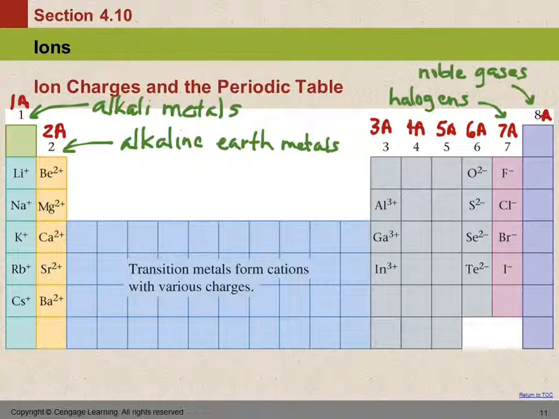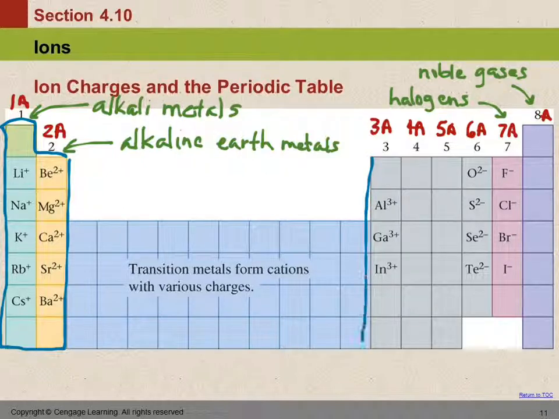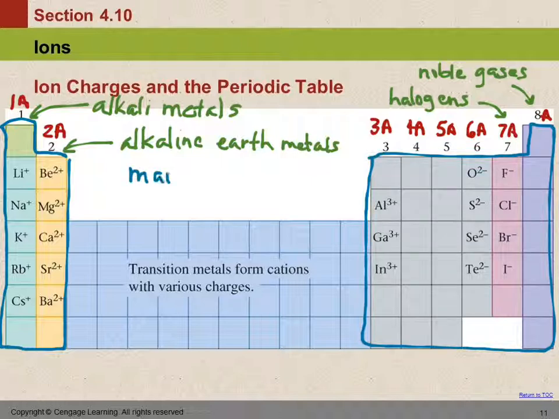We also talk about a couple of big sections on the periodic table. See how this part over here sticks up, and this part over here? Those sections are called main group elements.